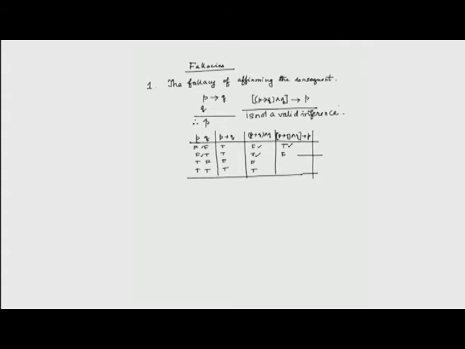An example of this fallacy is like this. Suppose P is the proposition the price of gold is rising.